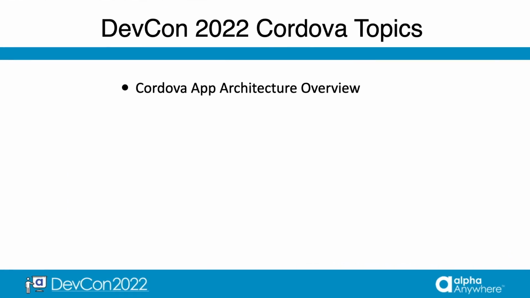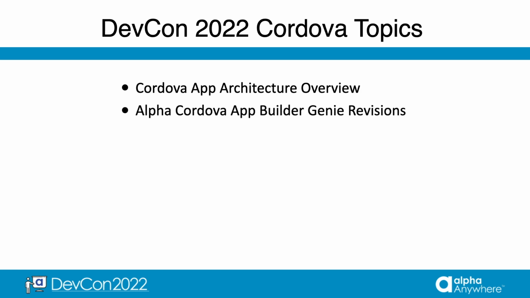I'm going to start with an overview of the Cordova app architecture. It's important to understand it when you get into situations where you need to debug both JavaScript and native code. We'll take a look at the Alpha Cordova App Builder Genie revisions. I'll go through some installation tips for Cordova Android 11.